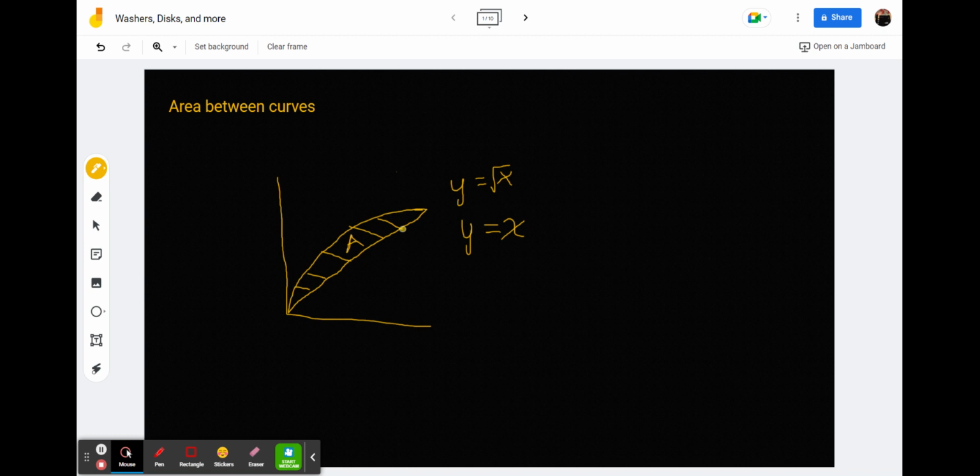Now, how might we do that? So let's recall that integrals are essentially the area underneath the graph. So if I draw out these two graphs, this is y equals root x, and this is y equals x, we find that the integral of root x dx is this shaded area underneath.